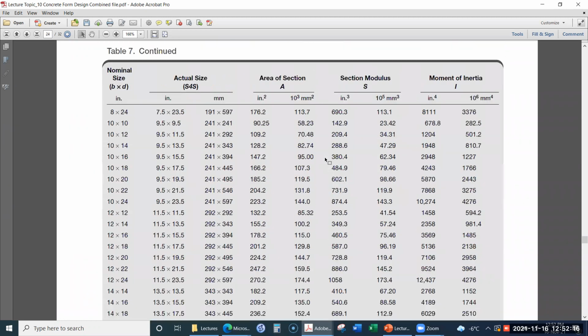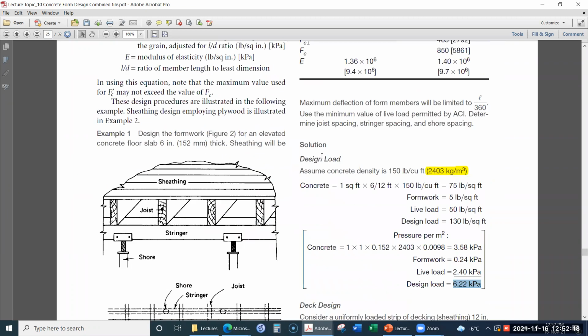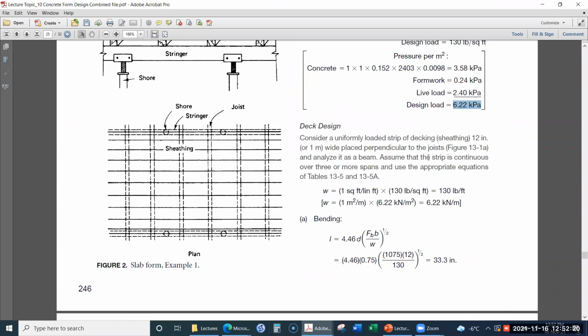Analyze it as a beam. Assume that the strip is continuous over 3 or more spans and use the appropriate equations of table 13.5 and 13.5a.